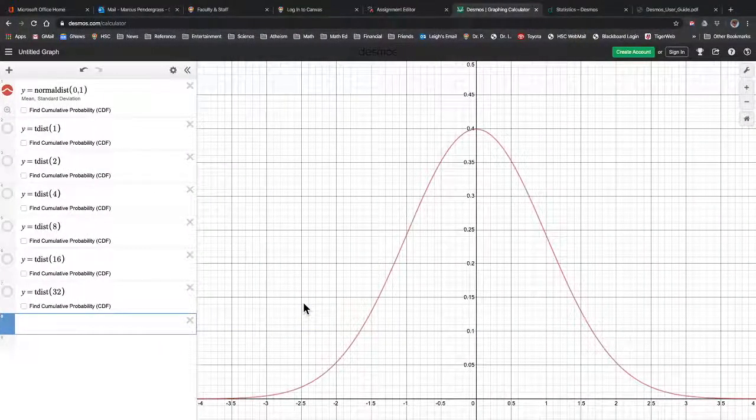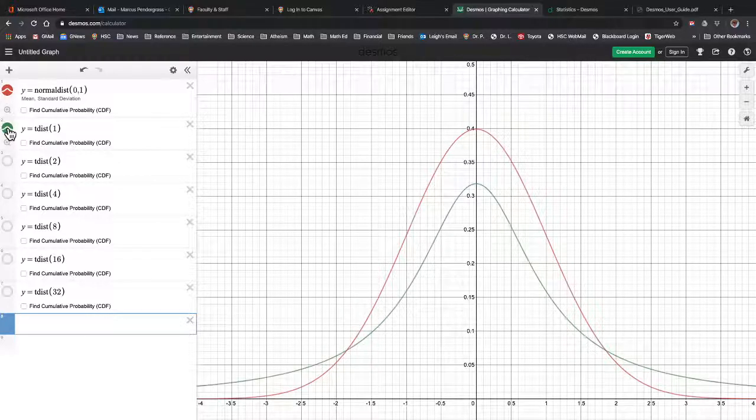I've got a little Desmos sheet here to give you an idea about the t distributions and to compare them to the normal distribution. So the curve you're seeing right now is just the standard normal distribution, the normal distribution with mean 0 and standard deviation 1. So that's familiar to us from our earlier work. Now I'm going to plot the t distribution with 1 degree of freedom. So there it is, the green curve.